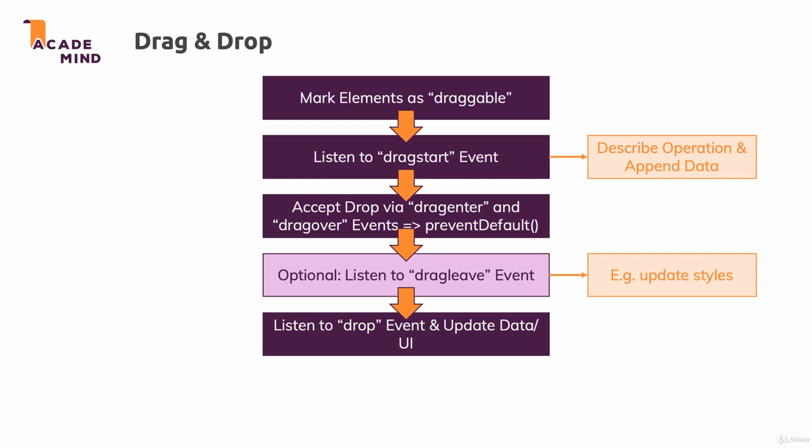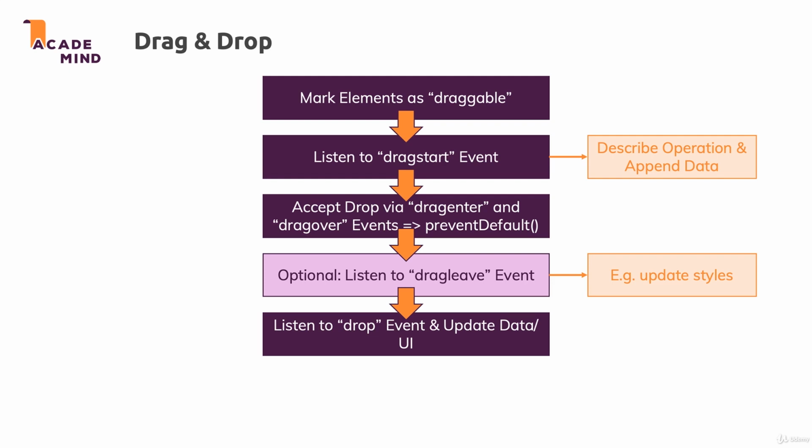The drop event will only be triggered if you prevented the default in drag enter and drag over and the item is then dropped onto that same element. Now in that drop event you can then do whatever you want to do upon a drop. Update some data, update the UI, move the element on the UI, anything like that.